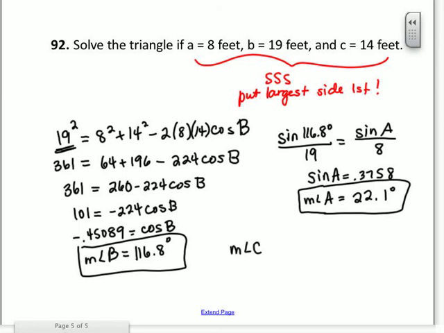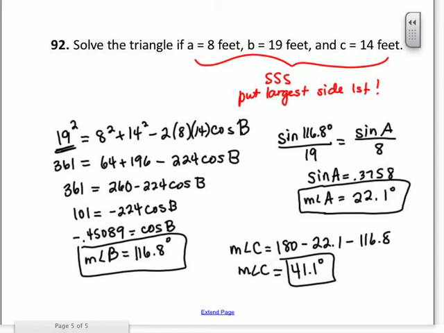All right, so that means measure of angle C is going to be 180 minus those two values. So you get measure of angle C is equal to 41.1 degrees. Okay, so you've now solved the triangle.